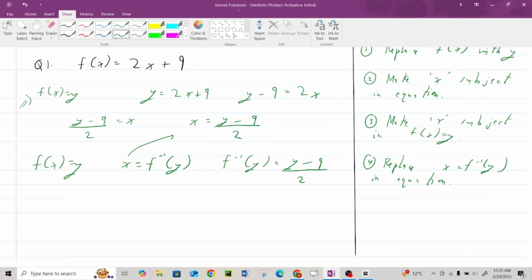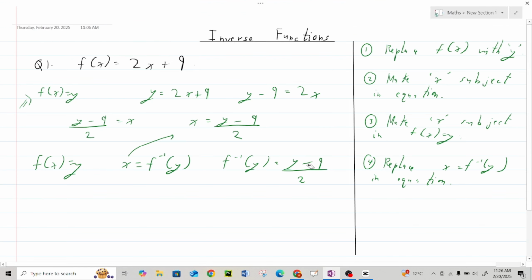Now I can see f inverse of y equals (y minus 9) divided by 2. That means if I write f inverse of x, that gives me (x minus 9) divided by 2.